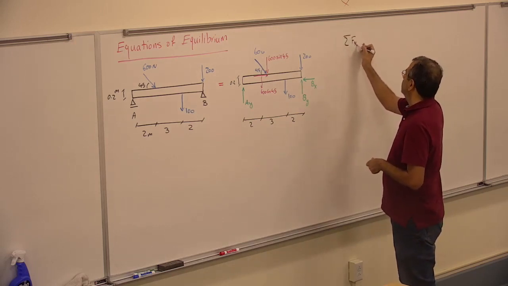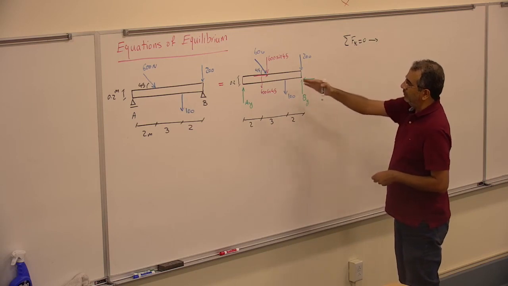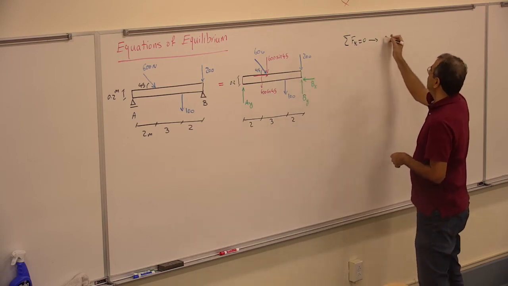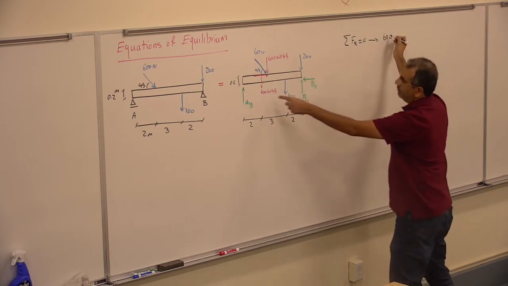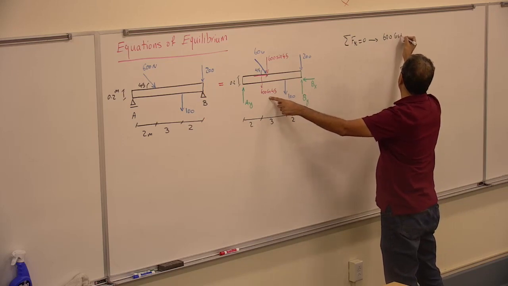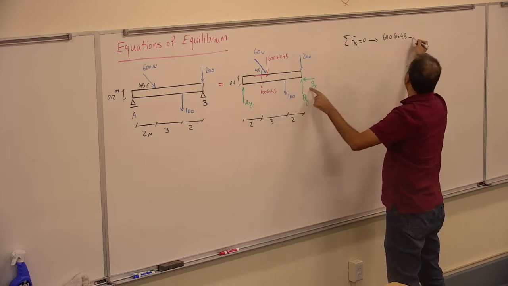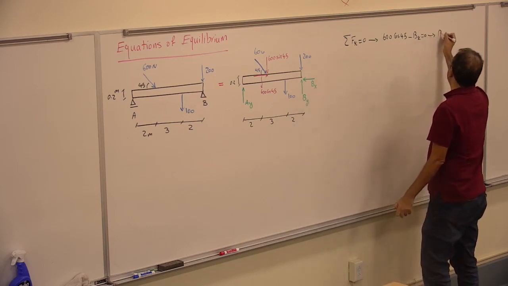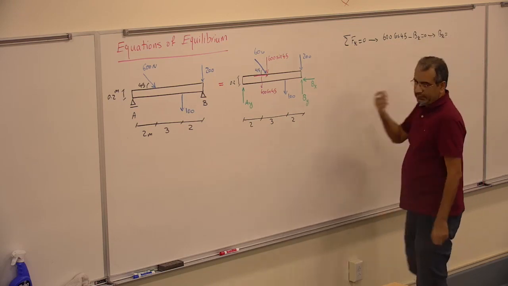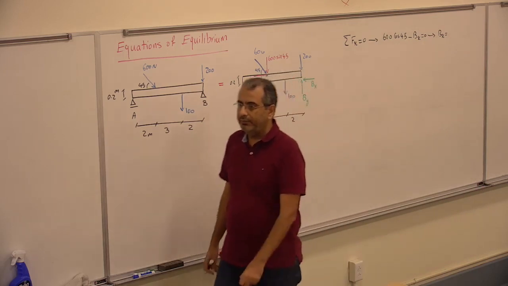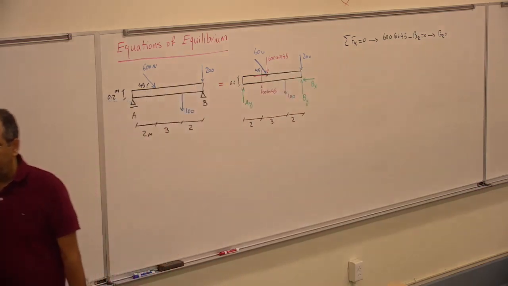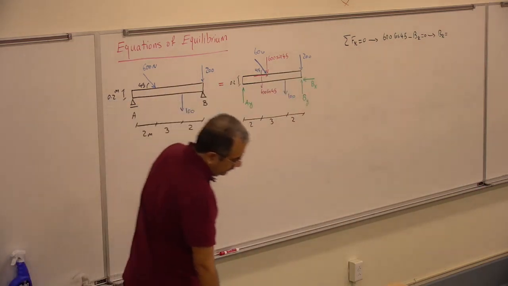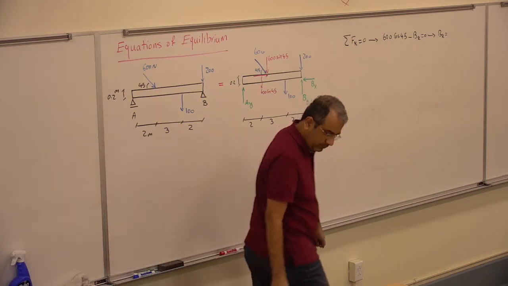Sigma fx is 0. The forces that I have is 600 cosine 45 positive minus Bx is 0. So the Bx would be 600 cosine 45, or 424.